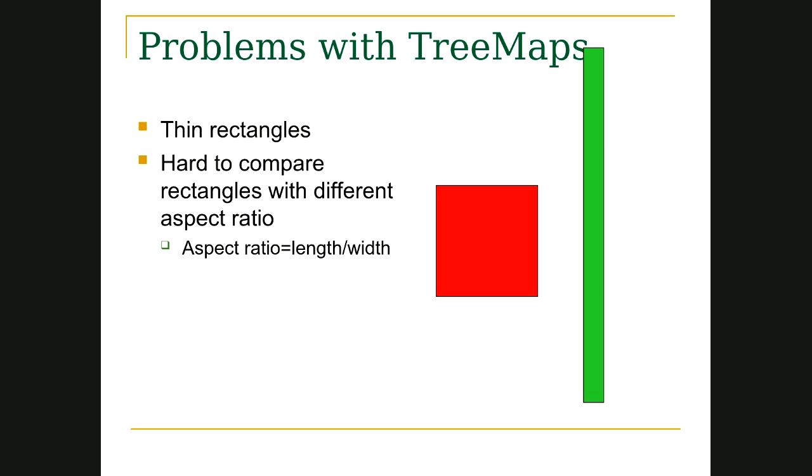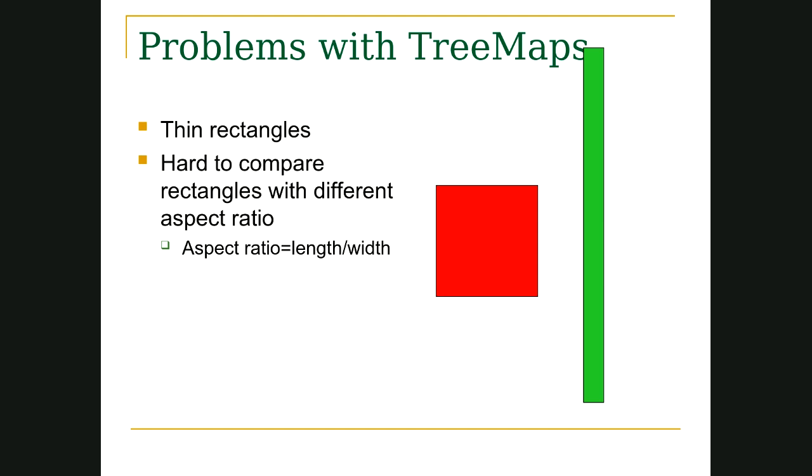Since area now has a meaning, it's conveying a data dimension. Which one is bigger? Is the red area larger than the green area?